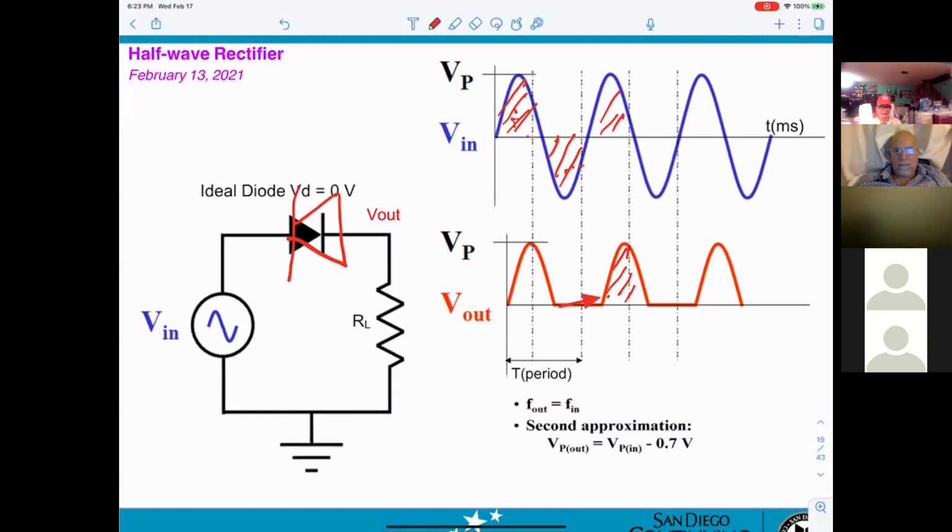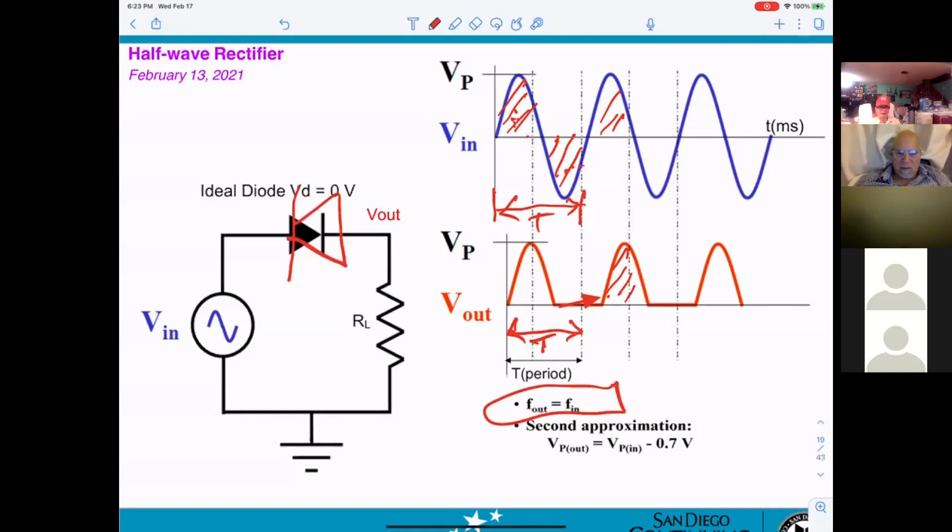And in this case, if you want to see the frequency between input and output, the period for the input from here to here is T, and the output the same, T. So that's why they say output and input will be the same.